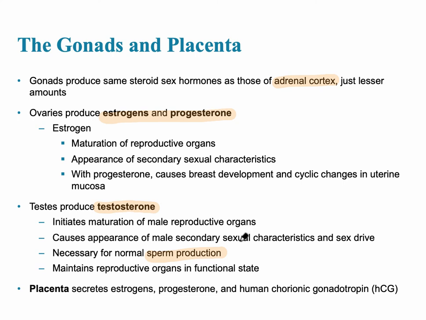The next endocrine tissue is the placenta. The placenta secretes estrogens, progesterone, and human chorionic gonadotropin. So as the embryo is developing into the fetus, the placenta is the temporary endocrine organ that's present.